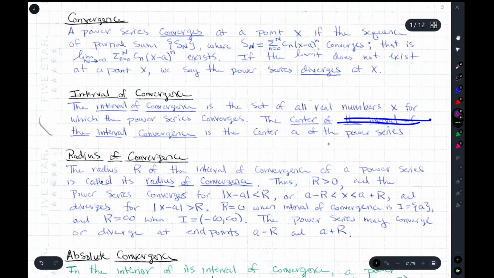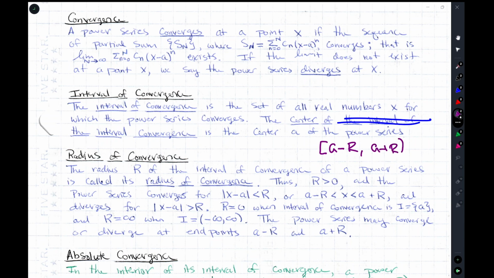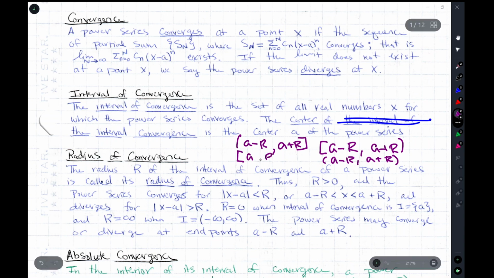So the interval of convergence could look something like this, where neither of the endpoints converges, or like this, where you only get convergence at the right endpoint, or you could get convergence at both. And of course, the square brackets mean that we include the endpoints. So that's something to pay attention to.